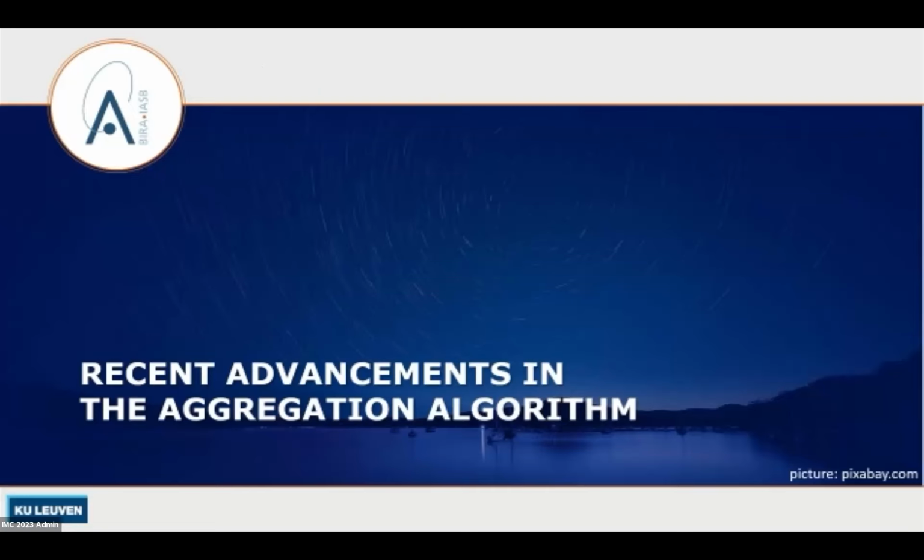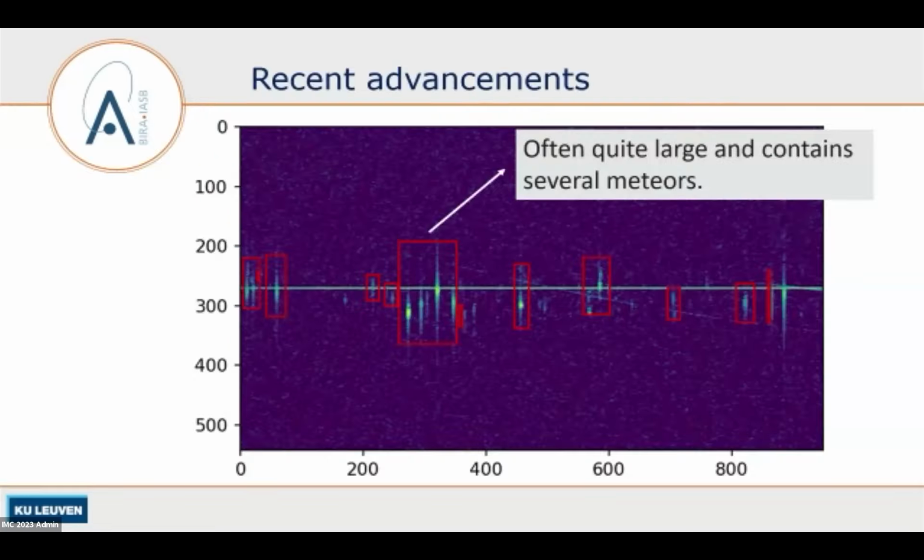However, I discovered two major problems with this aggregation algorithm, so today I'm presenting two improvements I've made. One problem is that the bounding boxes tend to be too large and contain several meteors. This is because the different volunteers draw the bounding boxes slightly differently, and so the aggregation algorithm groups them together into one big bounding box containing several meteors.